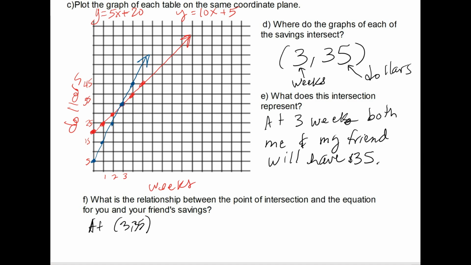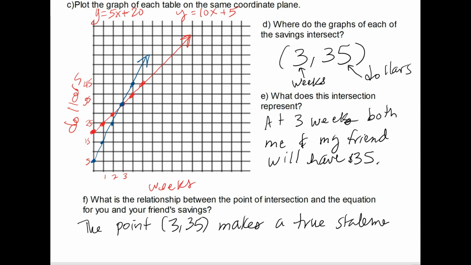I don't want to say at (3, 35). I want to say something else. Maybe the point (3, 35), the pair (3, 35), makes a true statement for both equations.